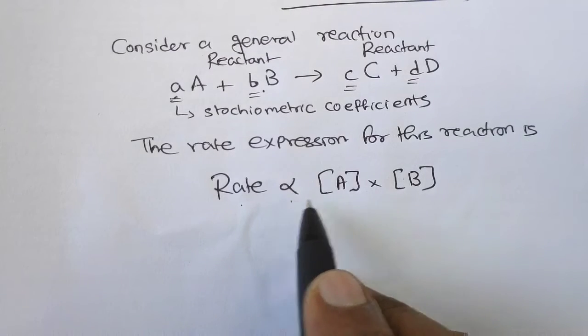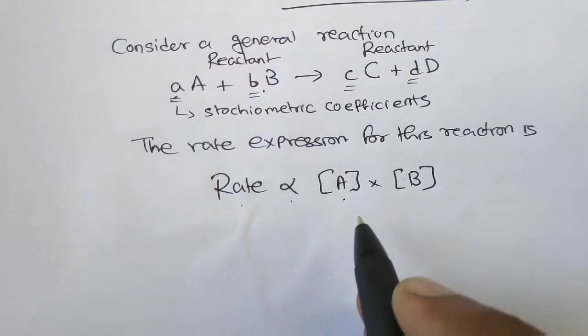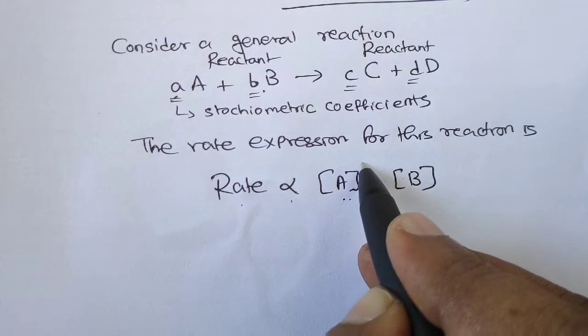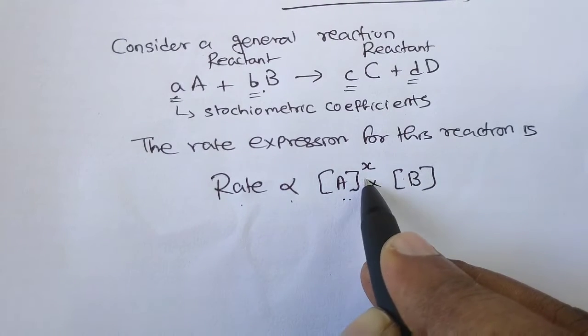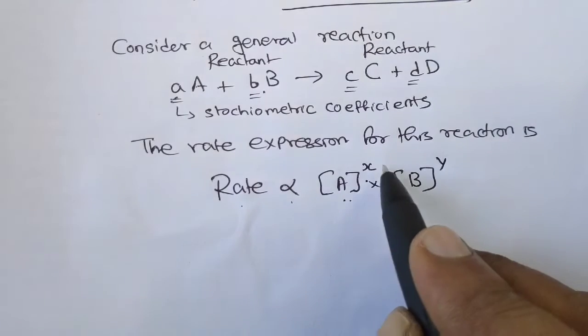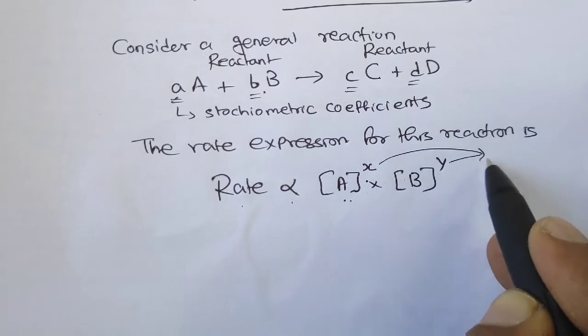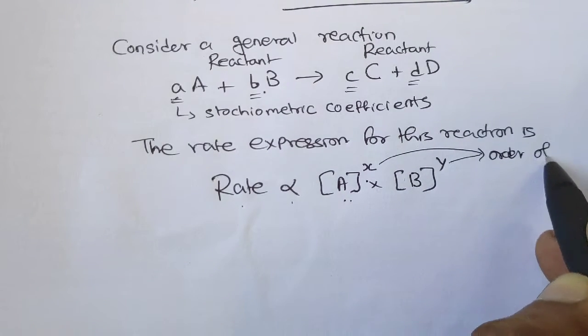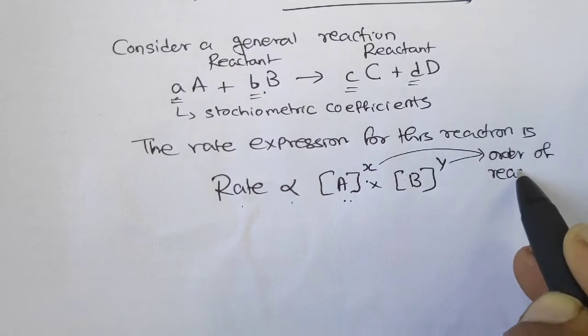Now see here, rate is directly proportional to A. Now when I write here A, above this will not be a stoichiometric coefficient, that's why I have written x and I have written y. So actually what are this x and y? They are order of reaction.